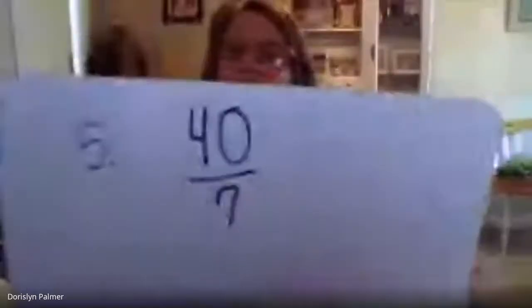All right, go ahead and multiply straight across. 8 times 5. 8 times 5 is 40. Okay, so 40 over 7. And now turn it into a mixed number. I see what I did wrong. Okay. All right, how many times does 7 go into 40?